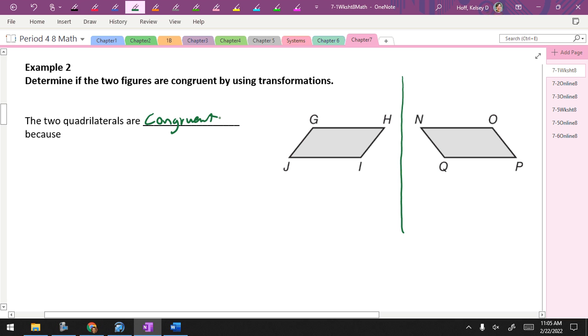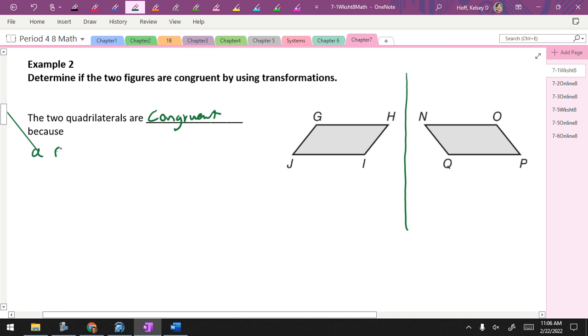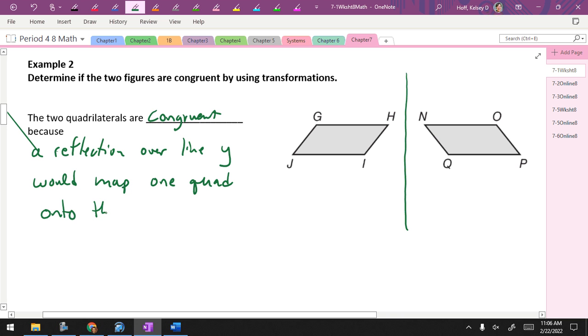Nope, or rotate. Because this is like pointed out. So like, yeah, it would have to be your reflection. Because a reflection over line Y would map one quad onto the other quad.